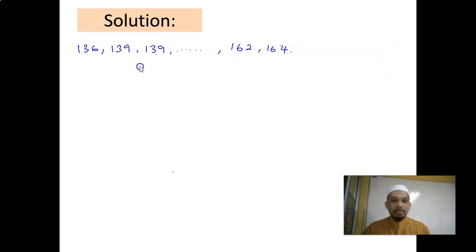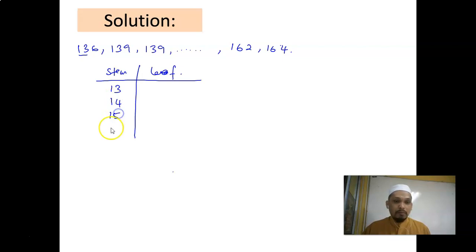So sketch the line. Now, 136, so we begin with stems 13, 14, 15, and 16.